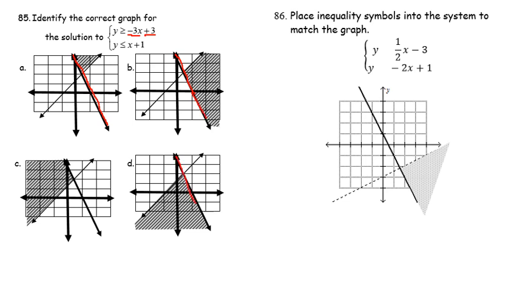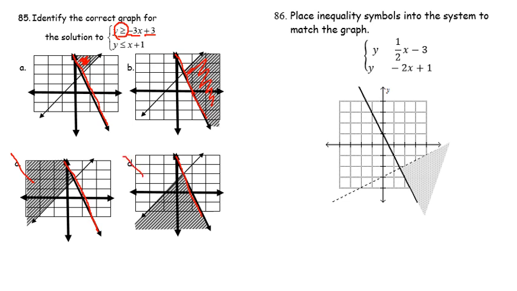The one that's got a negative slope, and then the y-intercept of +3. Now I'm going to look at that inequality sign, and it says greater than or equal to. So greater than means the shading should be done above it. I see it's done above here, it's done above here, but notice on C and D it's done below. So C and D are out.